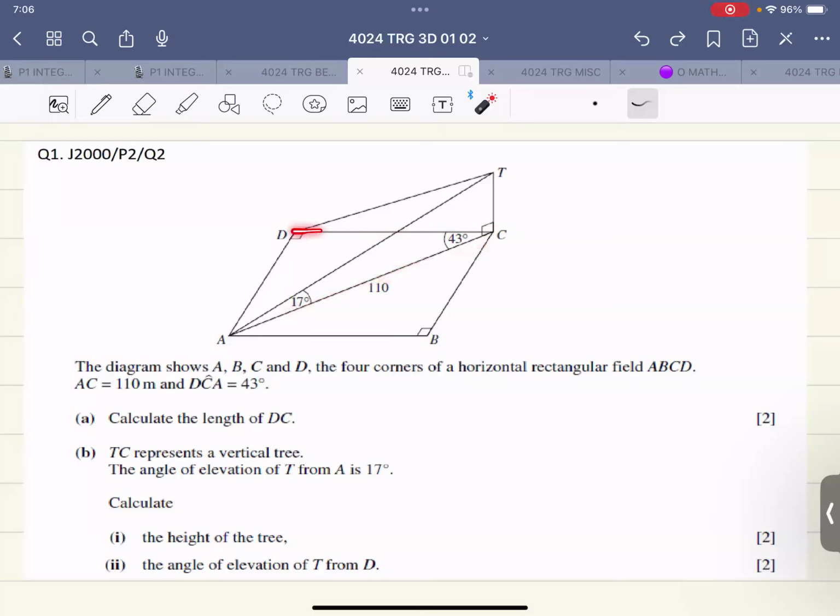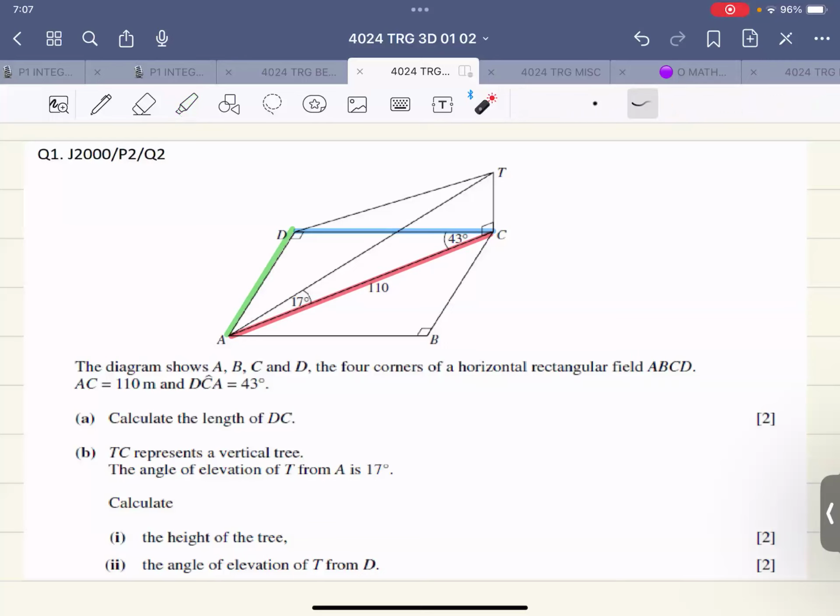In order to find DC, I have to focus on this. So let me draw some lines. First of all, this is DC over here. And we have the other length, this one, 110, that's given over here. And it's a 90-degree angle. So let me focus on this right angle triangle.